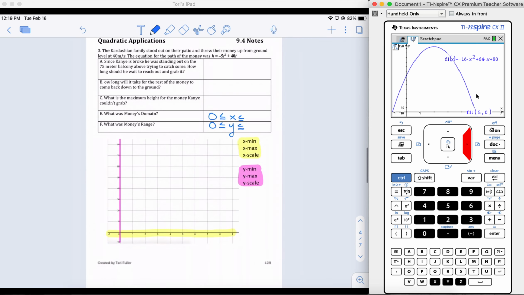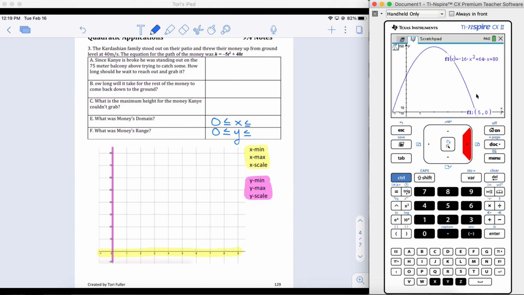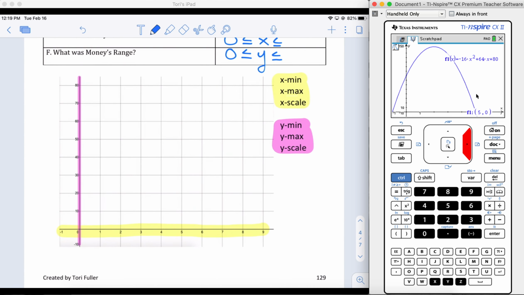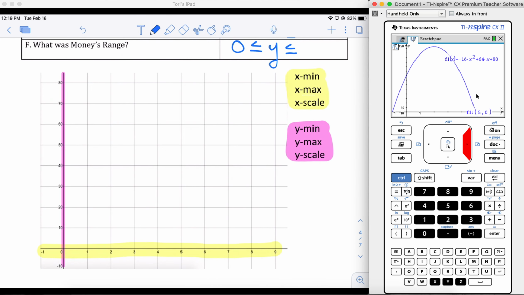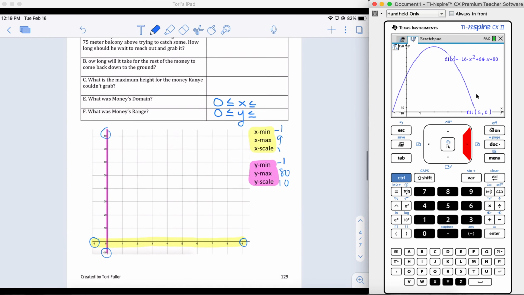Number 3, same idea. I'm going to start by filling in my domain and range, my x's and my y's. I'm going to start after that by filling in what I want my window to look like, so -1 to 9, counting by ones, and then -10 to 80, counting by tens. Okay. Let's see if we can figure out what our units are measuring so that we can label our axes.